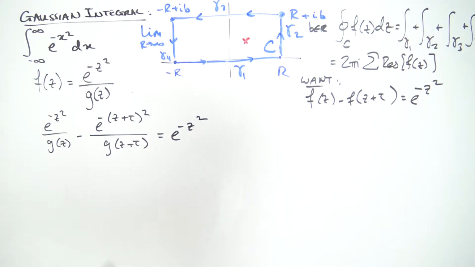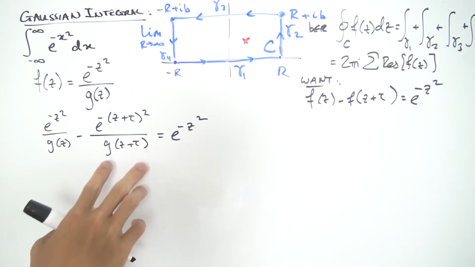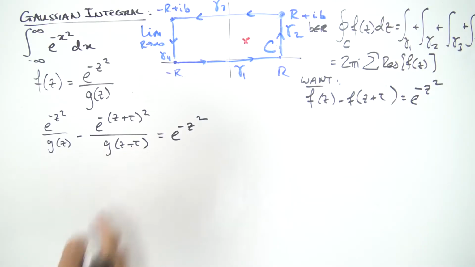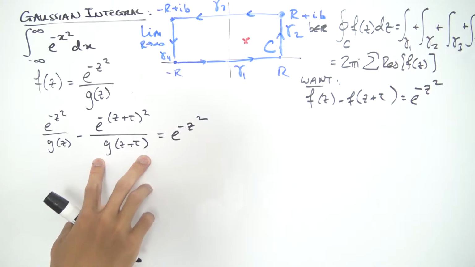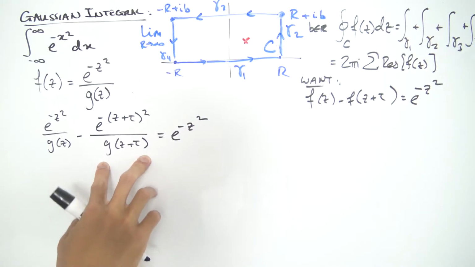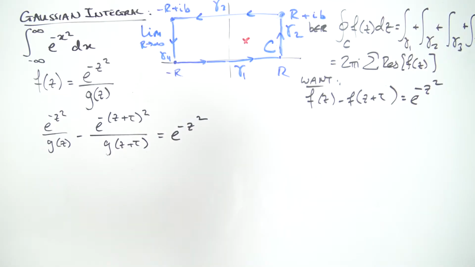Alright, and notice one thing over here. We have g of z, and we also have g of z plus tau, so it's kind of translated a little bit. This is very hard to work with. If we have some kind of expression like this, it's almost impossible to find some kind of generalized solution for our function g. So we have to make another assumption to make our life easier.